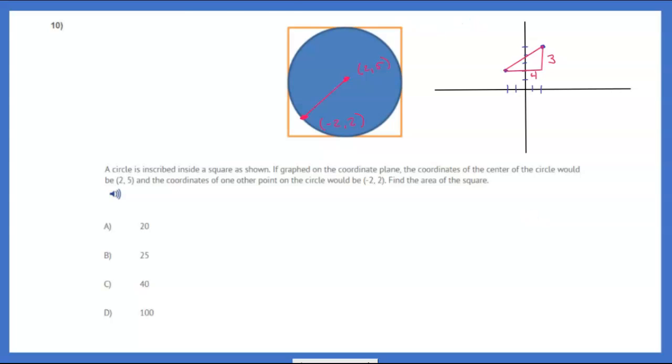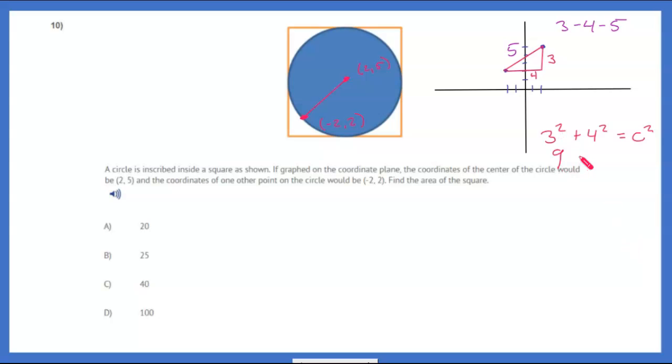You might already know, just from having seen these many times, that this side is 5. This is known as a 3, 4, 5 triangle. But even if you don't remember that, we can use the Pythagorean theorem to find it. Remember, a squared plus b squared equals c squared.